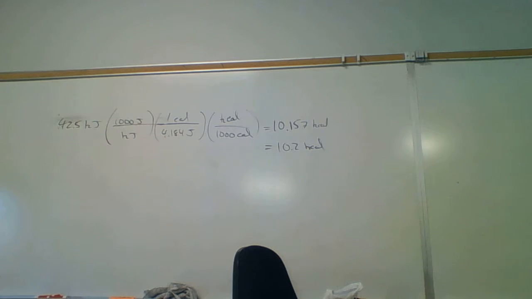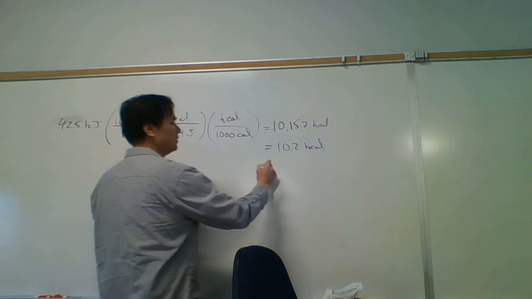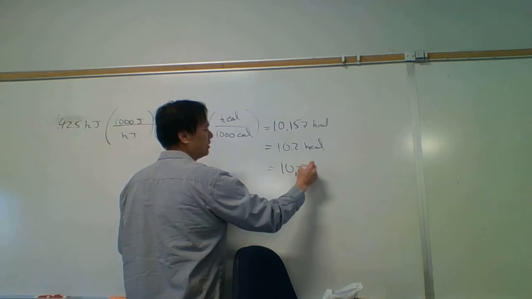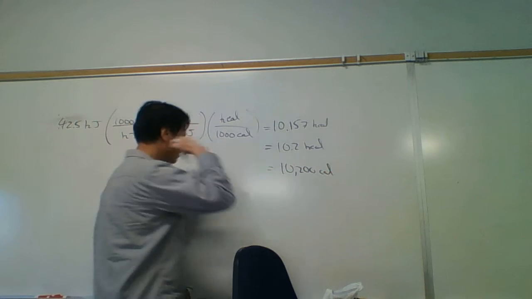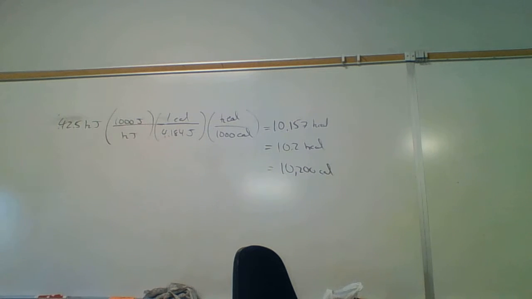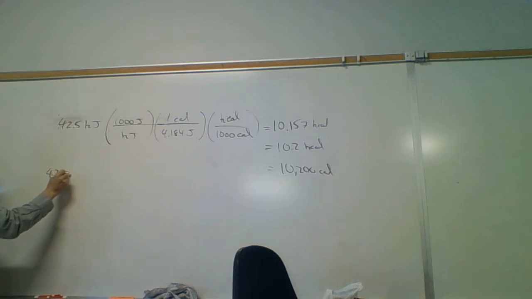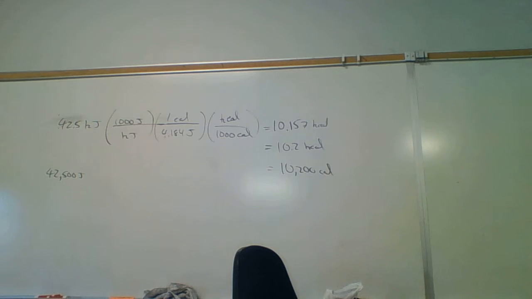If that's a kilocalorie, then this is equivalent to 10,200 calories. A kilocalorie is 1,000 calories. And then we already know that this is going to be equivalent to 42,500 joules. So that will complete it.